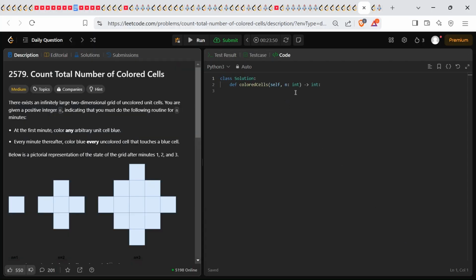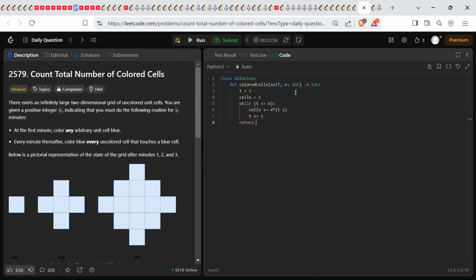So let's code the first approach. Here I'm initializing t by 1 and cells by 1, while my t is less than or equals to n. I would just increment cells by 4 into t minus 1, and I would also increment my t value by 1.